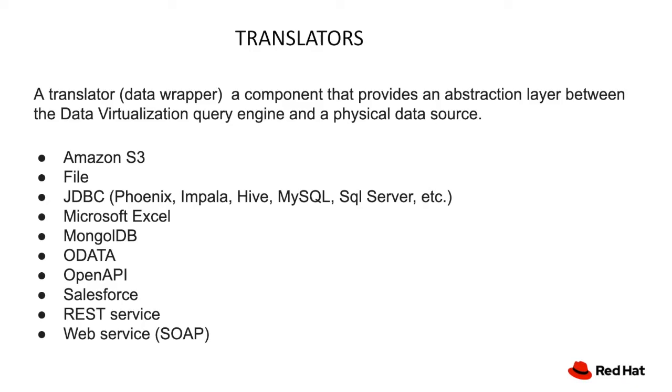For example, JSON files, CSV files, XML files, etc. File is similar, but the files reside on the file system instead of in Amazon S3. JDBC, there is a long list of relational databases supported. Microsoft Excel, MongoDB, OData, OpenAPI, Salesforce, Web Service, and SOAP Web Service.